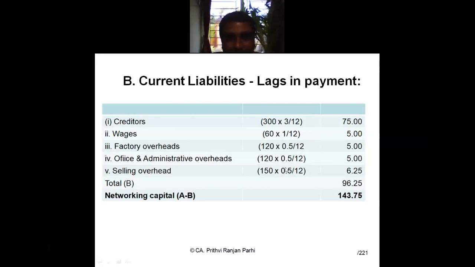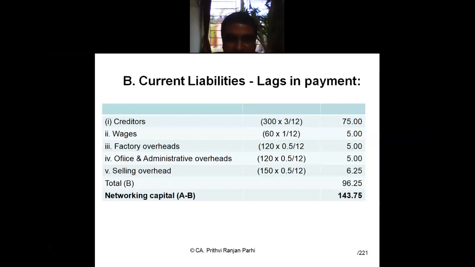Office administration expenses 0.5. Selling overhead 0.5. So the total comes to 96.25. Net working capital is current assets minus this 96.25, which comes to 143.75. So we could estimate the current assets, current liabilities and net working capital.